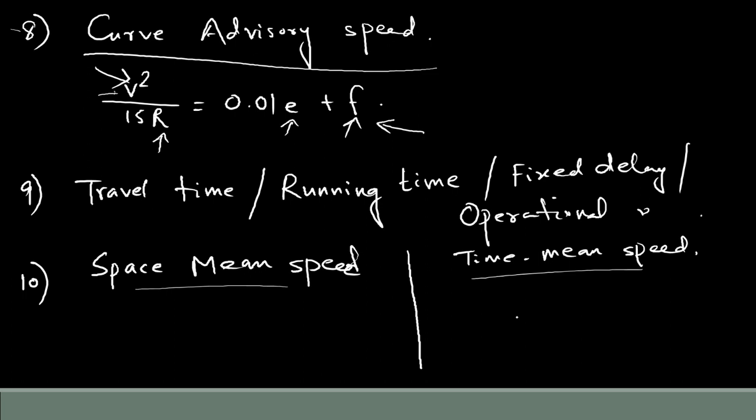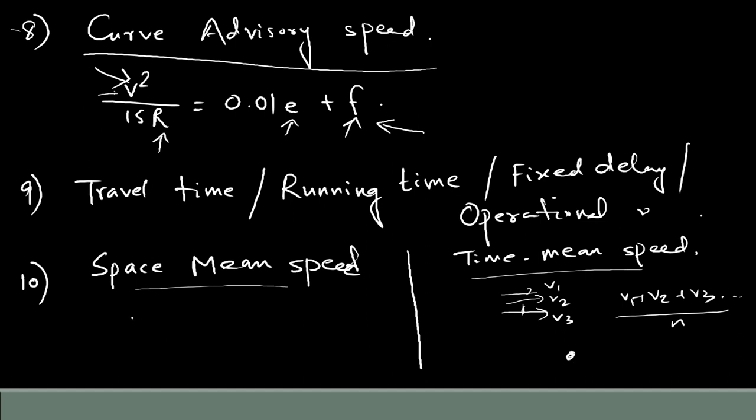Let's say this is a road, and you are standing at this location with a radar gun, finding the speeds of vehicles passing this point. All the velocities you get, v1, v2, v3, and so on, averaged by dividing by n, is called the time mean speed.